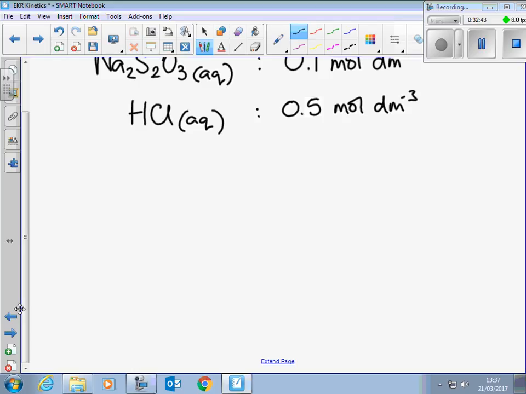So we have 2 different sized measuring cylinders for you. Hydrochloric acid in the big bottle, use the big measuring cylinder for 10 centimetre cubed of that. And the thiosulfate in the smaller bottle, use the small measuring cylinder. You can pour into the bigger one from the bottle without too much difficulty, I'd have thought, although I will get some little teat pipettes out for you, just to be sure.